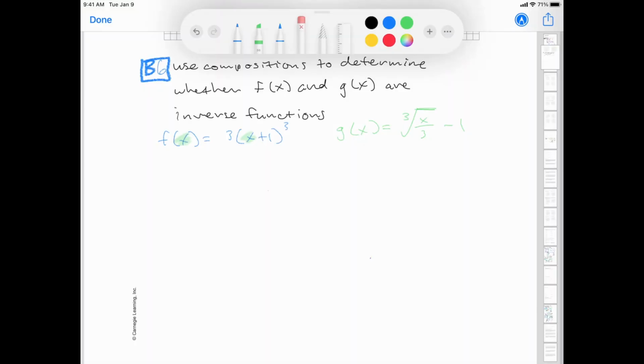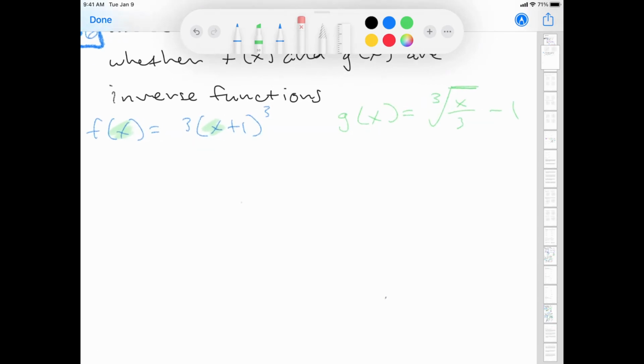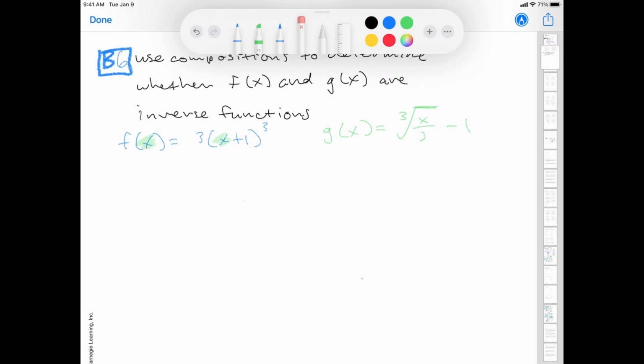Alright, B6. Use compositions to determine whether f of x and g of x are inverse functions. Let's go ahead and put the g of x in for every x. Let's go ahead and write out the original problem in blue. And you'll notice I left a gap for the substitutions there.